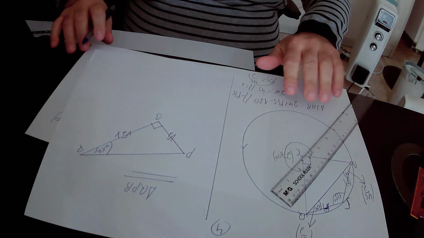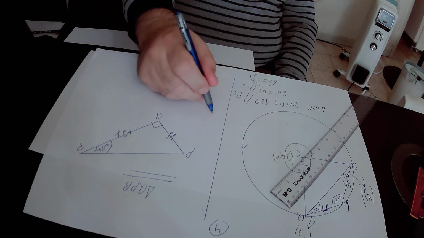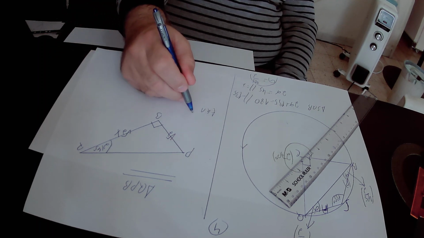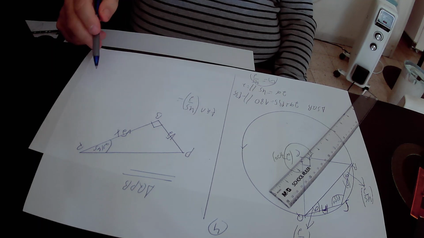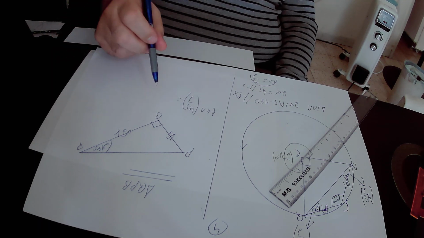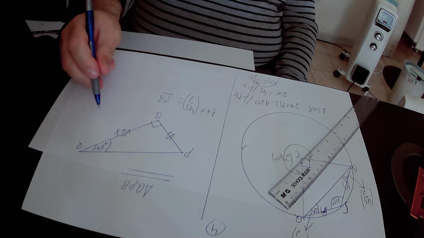In this right triangle QBP, tangent 45 over 2 degrees equals PB over QB.